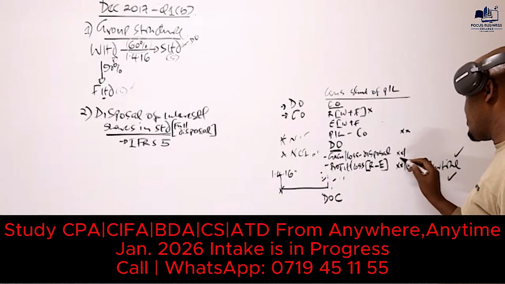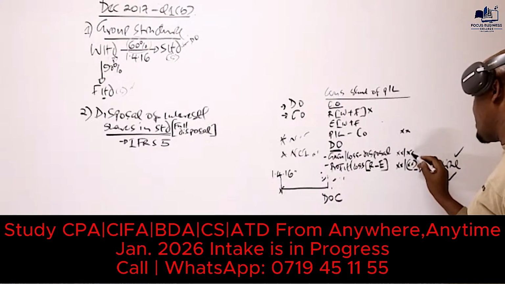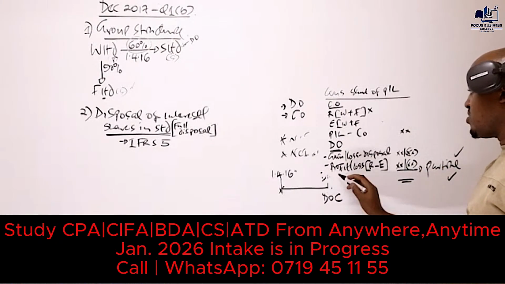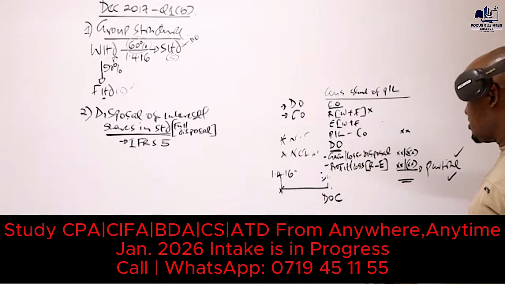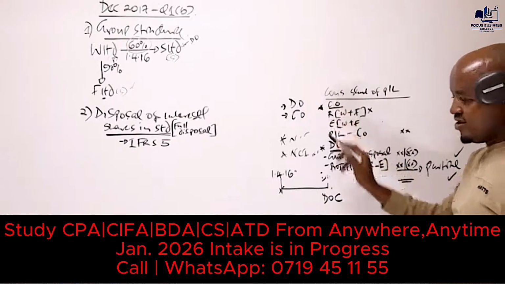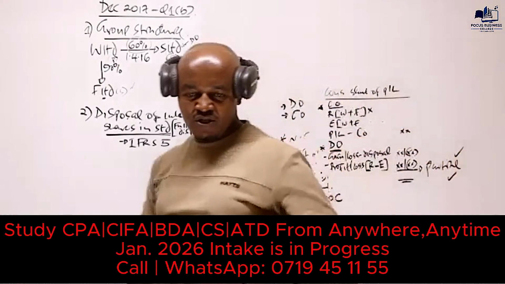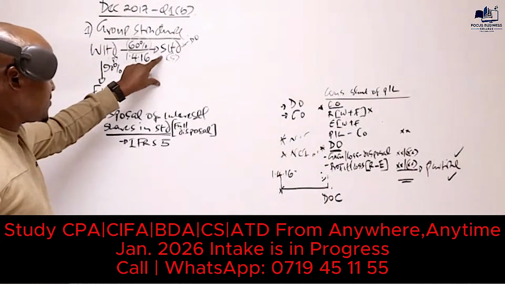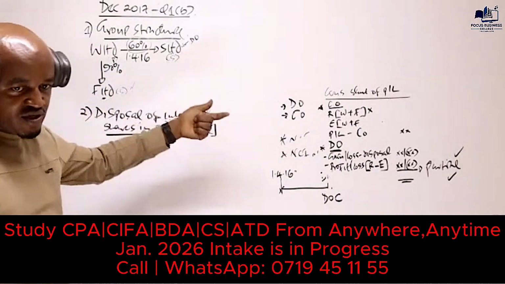The same case here, we will have a gain which is positive and a loss which is negative. And then from there, we will get the profit for this group for the whole year. But what is important here is that when preparing this consolidated statement of profit or loss, simply because this subsidiary has been fully disposed, it is regarded as a discontinued operation.